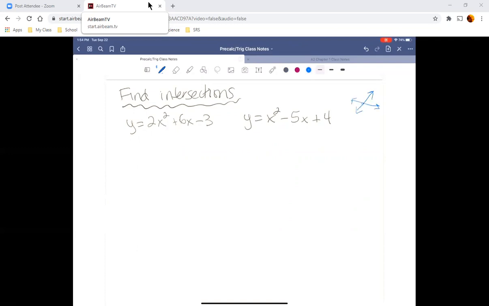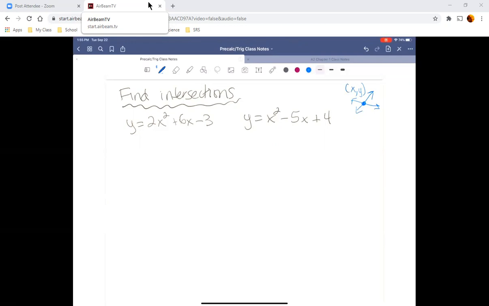What's that little thing right there called? A point. Yes, two lines always intersect at a point. So we have to find a point, and how do we write points? That XY coordinate. So we're trying to find the XY coordinate of where those two functions intersect.